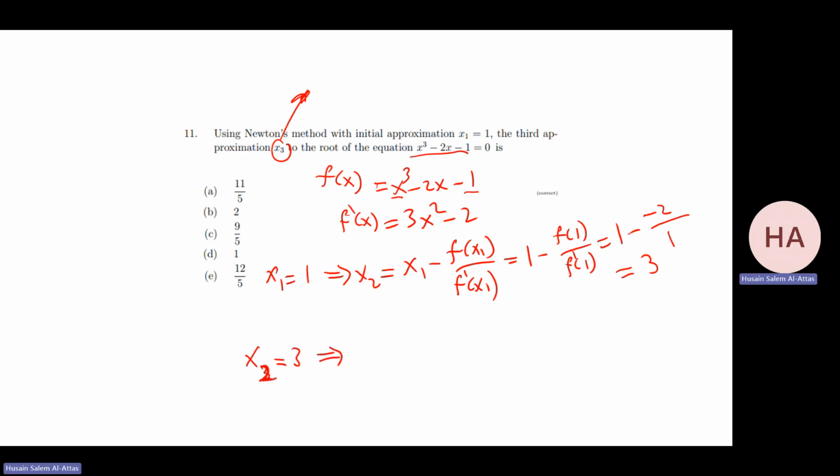I'm not looking for x2, I'm looking for x3. That implies x3 will be x2 minus f of x2 over f prime of x2.